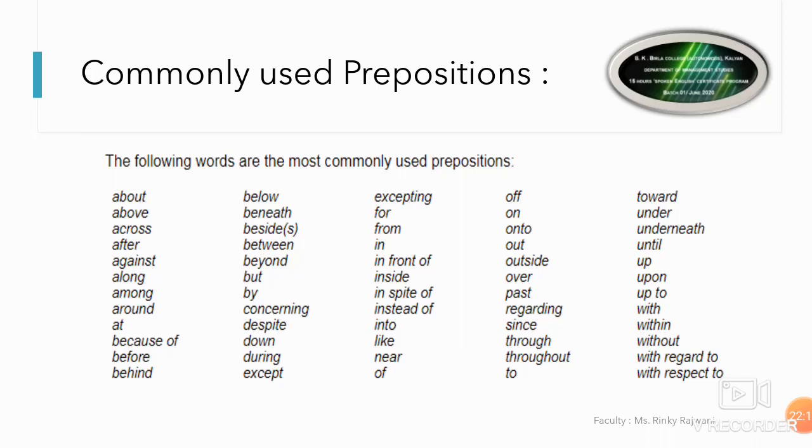In the third column we can see except, excepting, for, from, in front of. In the fourth one we can see off, on, onto, out, outside. In the last one we can see towards, under, underneath, until, etc. So these are certain commonly used prepositions.